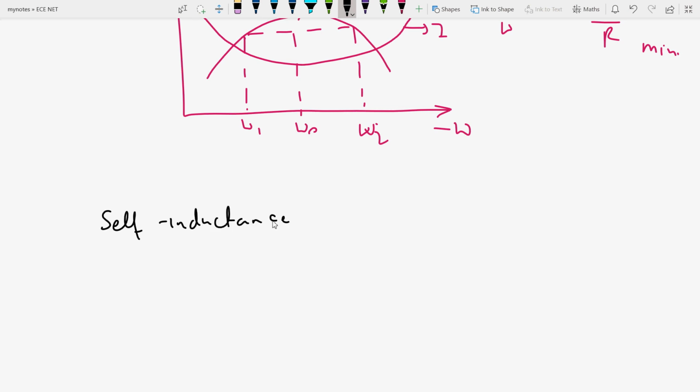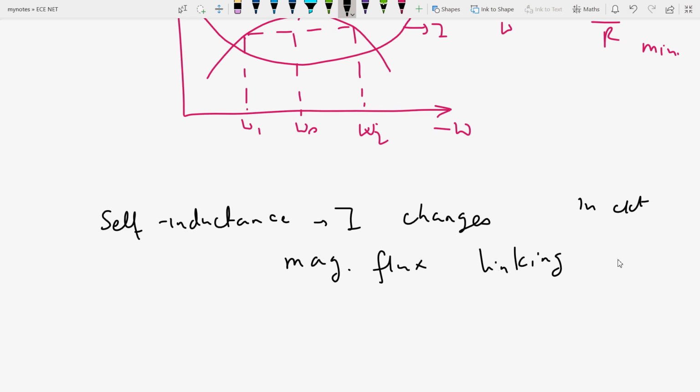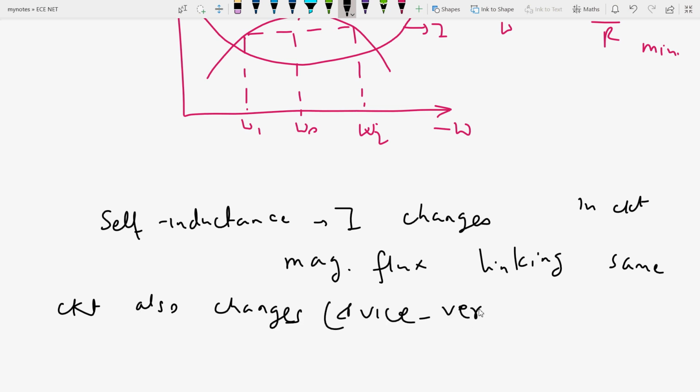When the current changes in a circuit, the magnetic flux linking the same circuit also changes, and an EMF is induced. And vice versa, that means the opposite also happens.